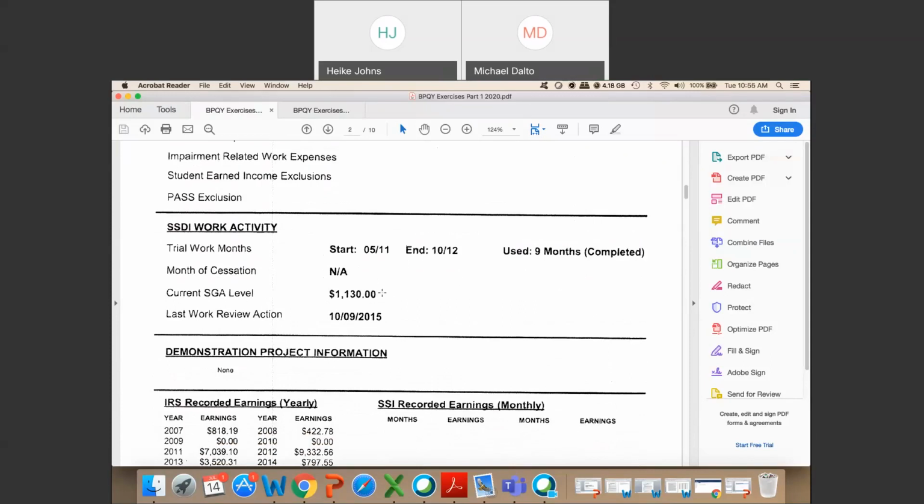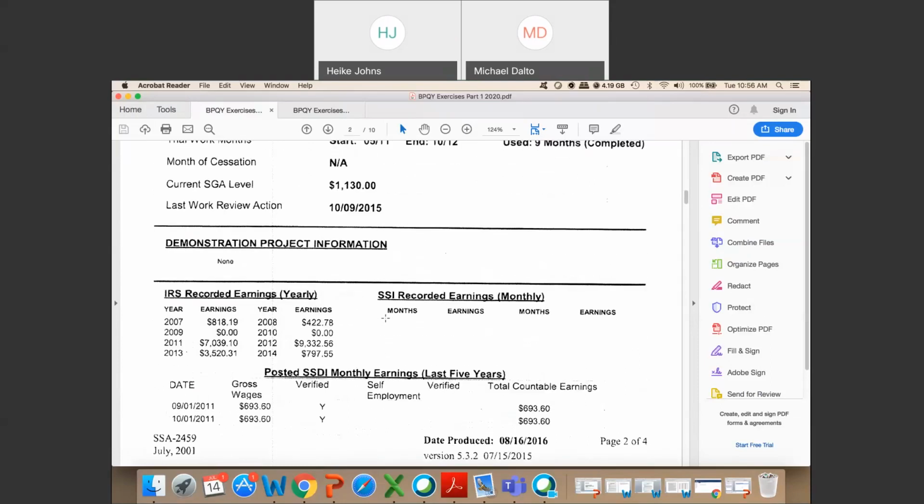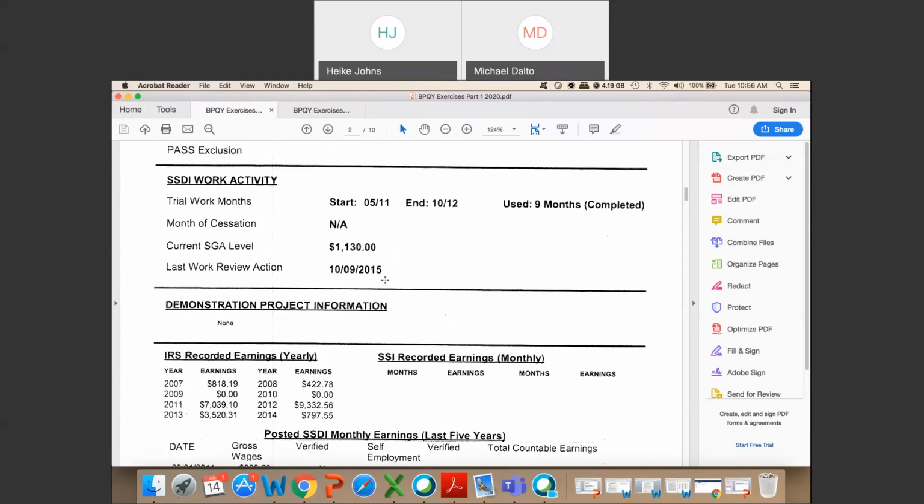In 2020, it's $1,260 a month. The last work review action, the last time Social Security reviewed this person's earnings and work incentive status, was October 2015. So it was about 10 months before this BPQY was produced.